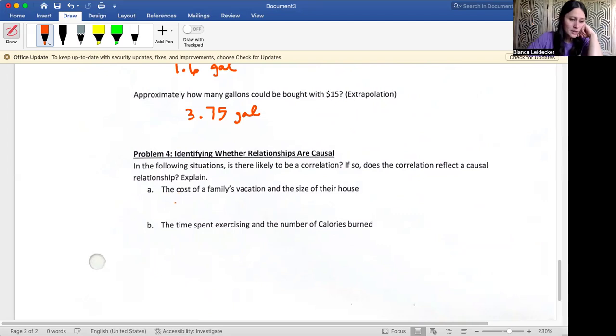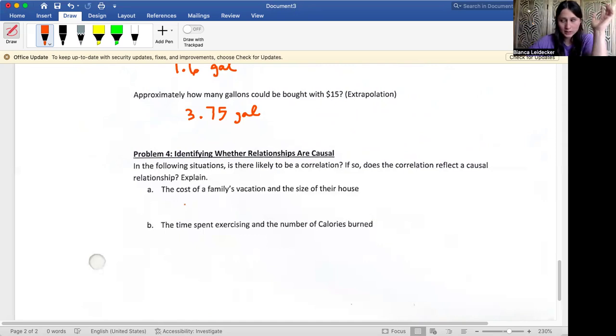It may be positive, but your graph could be a positive scatter plot, yet those two quantities are not directly related. So it does not reflect a causal relationship.